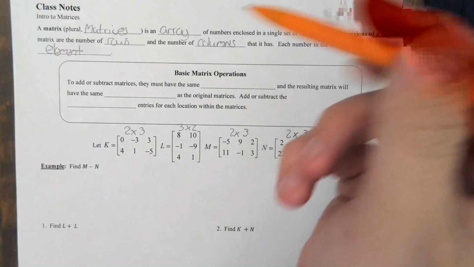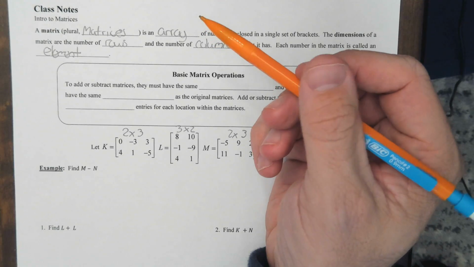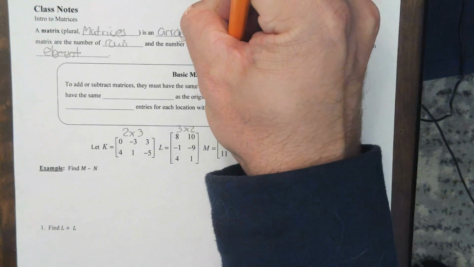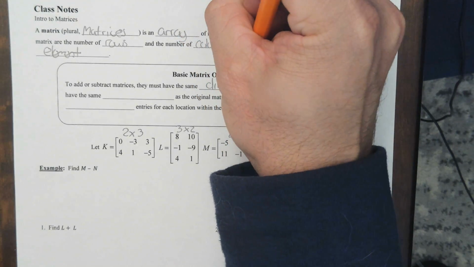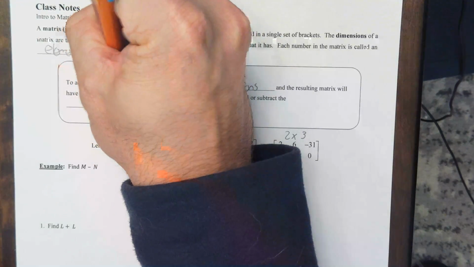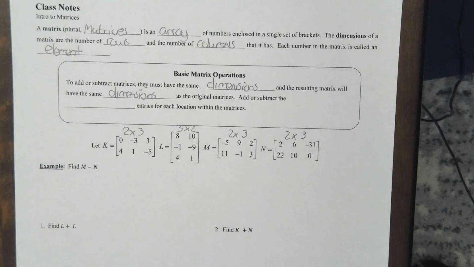Okay. So today we're going to focus on adding and subtracting and scalar multiplication. So to add and subtract matrices, they must have the same dimensions. Okay, they must have the same dimensions. And the resulting matrix will have the same dimensions. So to be able to add and subtract, we must have the same dimension matrices.